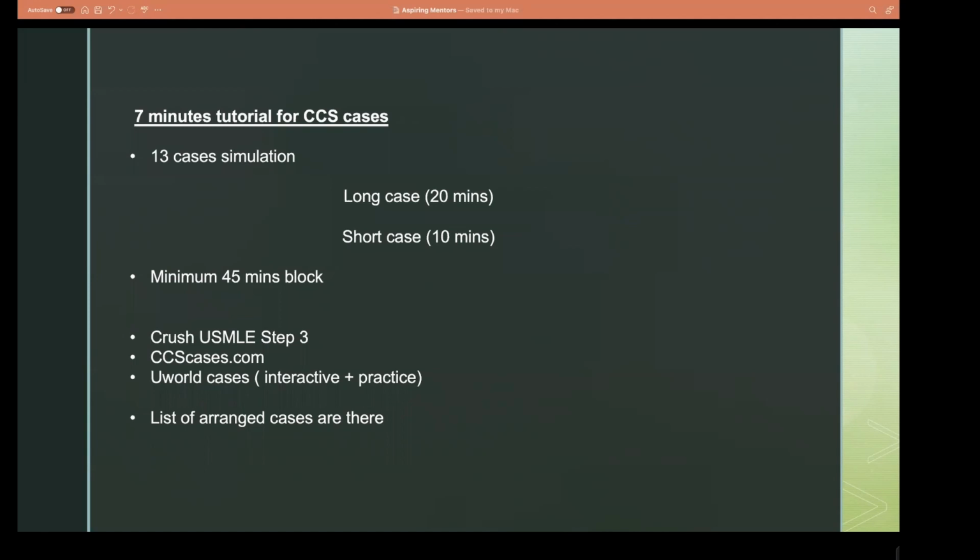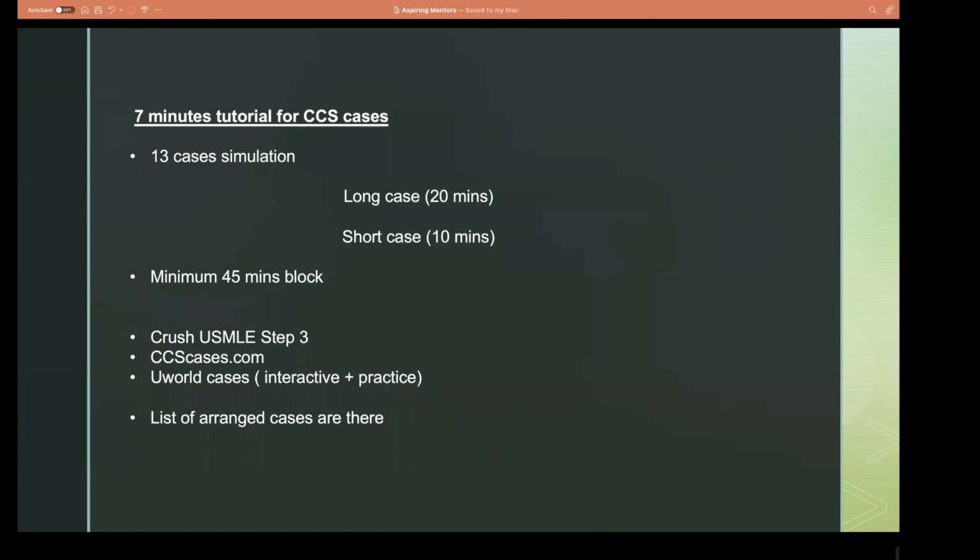And why I'm saying that you have to do it slow is that you have to do it like you are treating a real patient. For example, if a 4-year-old patient with a fever and irritability came to your office, how would you treat them? You will start doing simple tests, CBC, urine analysis, urine culture, or whatever you want to do.